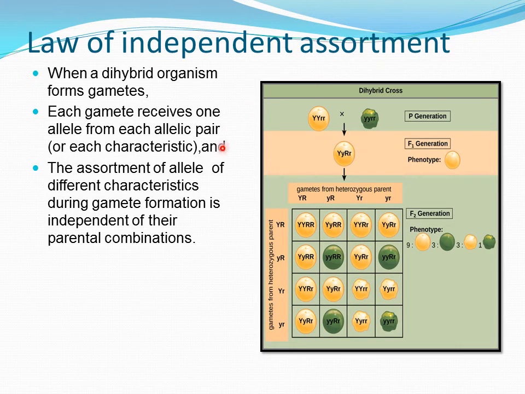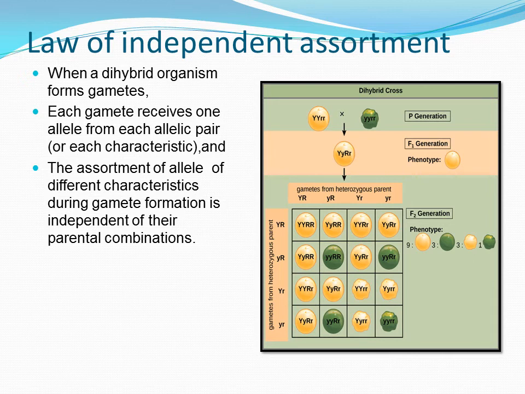Now dear children, from all these laws, we will know why we are identical to our parents, at times why we look different from them, and at times why we have some characteristics which do not match either of our parents. So this is what is happening in your genetics, in your genes. So that is the law of independent assortment.